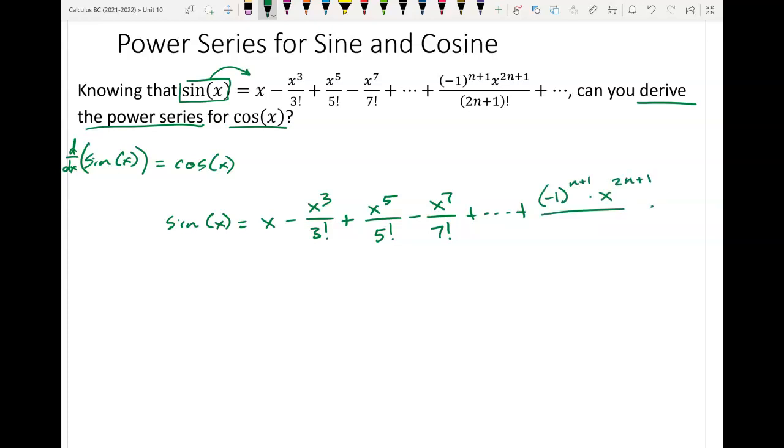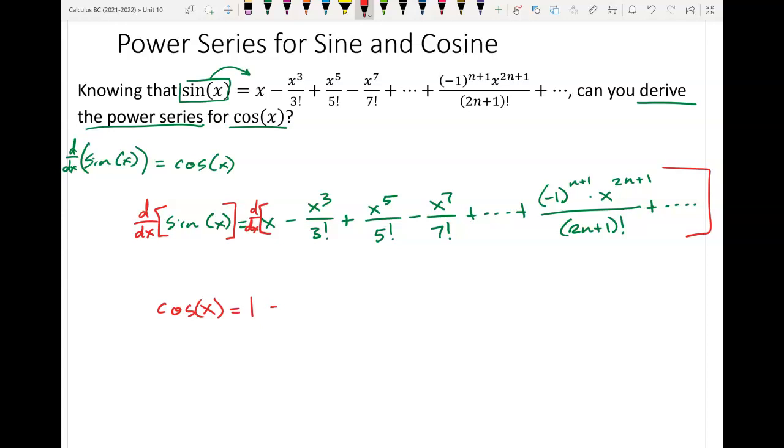And that is plus dot dot dot. If I want to go ahead and take the derivative of sine of x, which we know is going to be cosine of x, then I can just go ahead and take the derivative of this power series, which is just going to be the derivative of every single term. So what's the derivative of x? Well, that's 1.